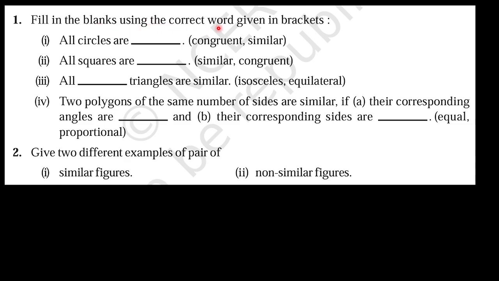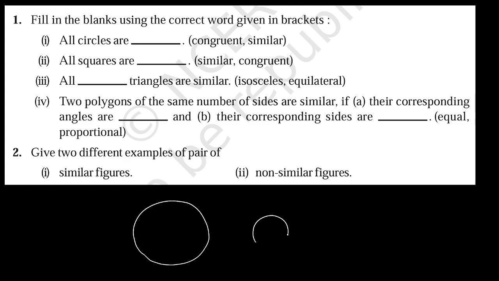All of you please listen. Fill in the blanks using the correct word given in brackets. All circles are dash, congruent, similar. Which one is correct? Similar. Congruent means identical in size, right? You studied congruent last year. Congruent means the length, width, radius, diameter, everything is the same.